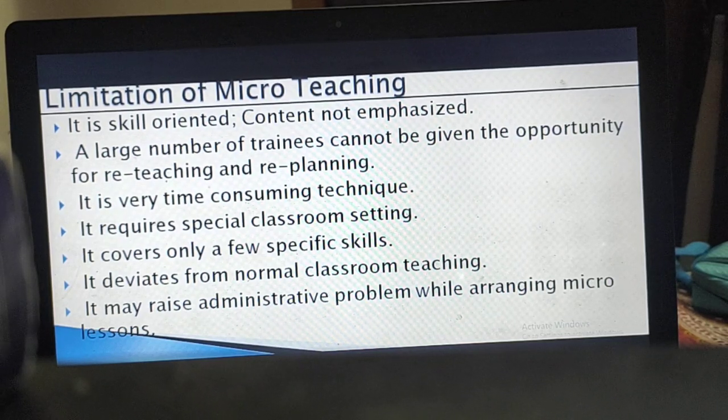That's why, as mentioned here, it covers only a few specific skills.